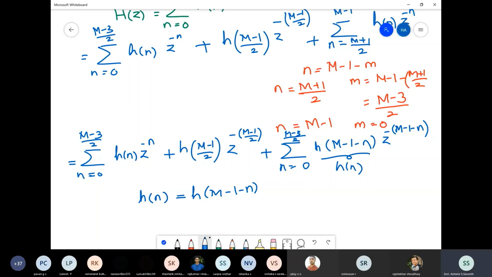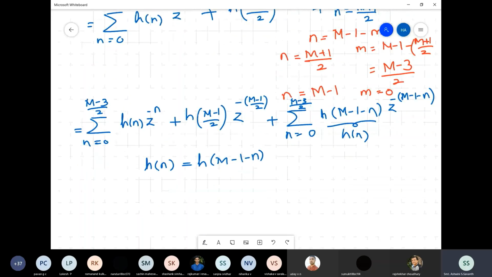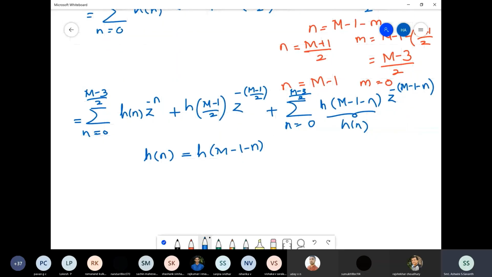Now we can combine the first and the last summation because the limits are the same, right? The limits are the same and we have h of n as a common term. So we can combine the first and the last summation.